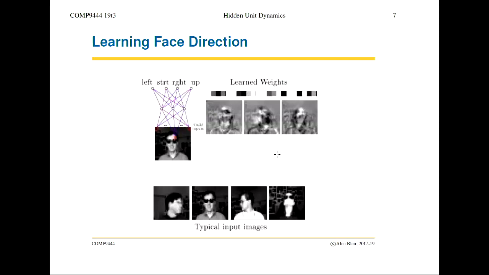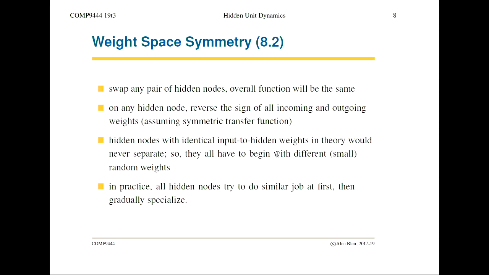And the weights coming out of that hidden node, I say, are the negative of what they used to be. So then these images here would just become negative, so the black parts would become white and the white parts would become black. But because we've swapped the weights both coming into the node and going out, again, the output would be exactly the same. So that's another kind of symmetry.